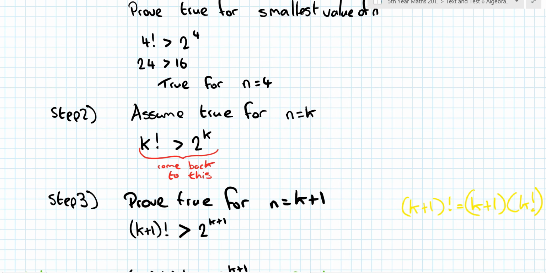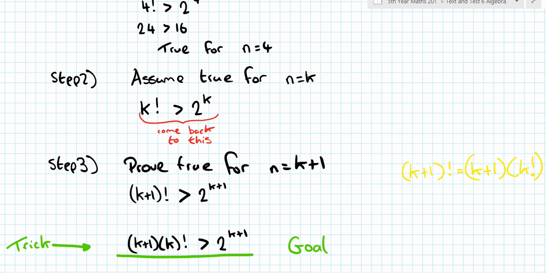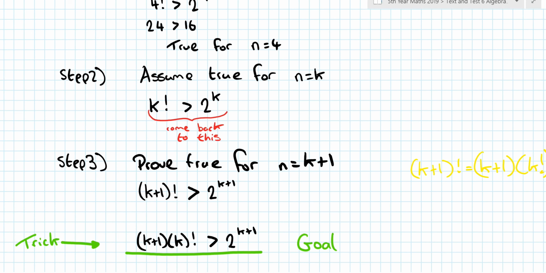And that's going to be useful as well. So this is our goal that we want to prove. Calling those A and C, I want to prove that A is greater than C.